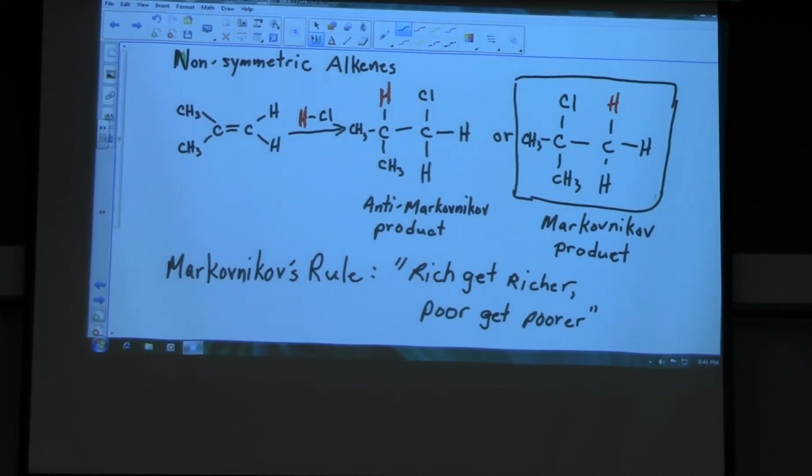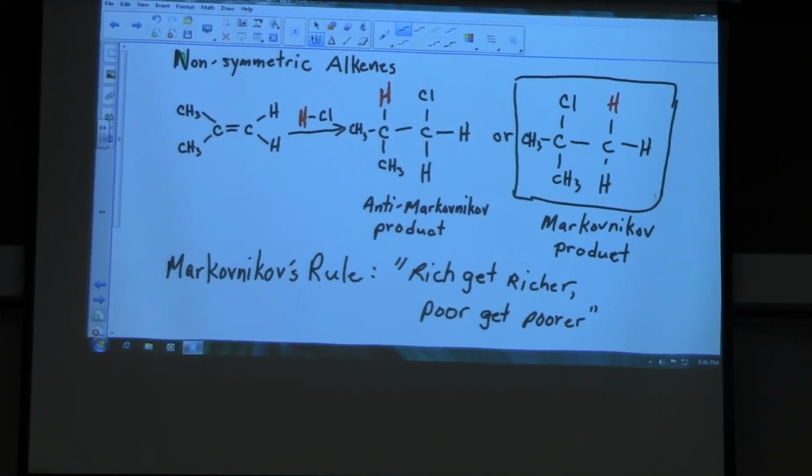In other words, the side that has the most hydrogens is going to get the hydrogen. The side that's rich in hydrogens is going to be richer in hydrogens. And the side that's poorer in hydrogens, well, it's going to be even more poor in hydrogen. So how does that work here?